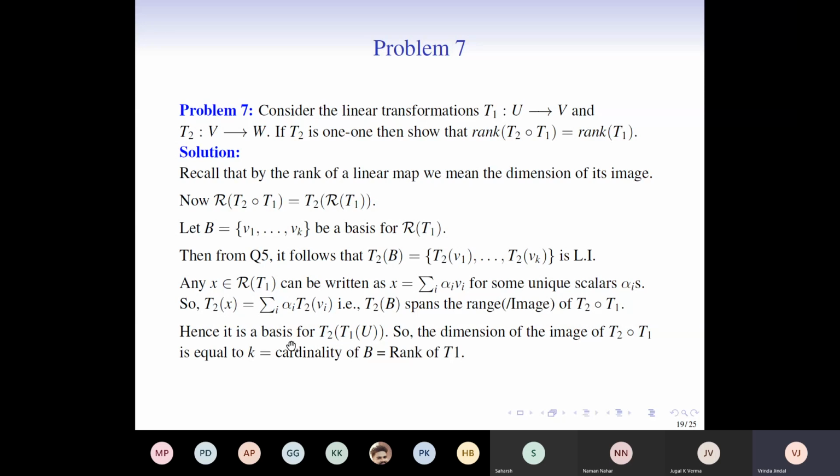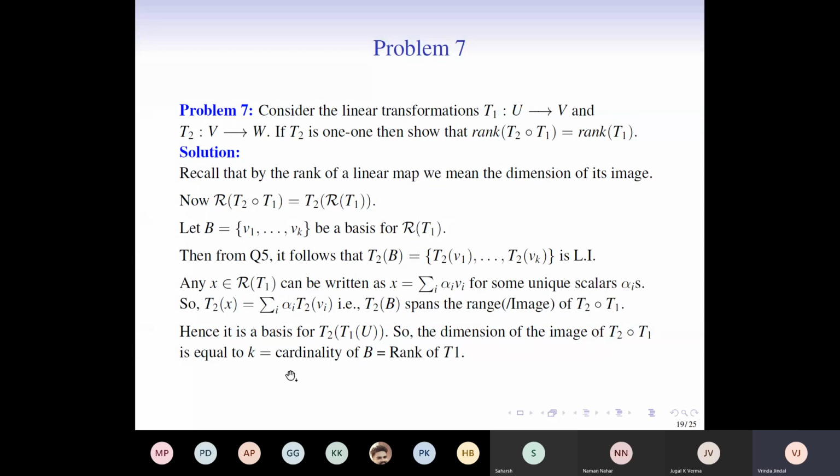So it means that it is a basis for the image of T2 T1, and the image could be written as a set in this form, taking the complete vector space U as input to T1. So the dimension of image of T2 T1 is equal to the dimension of T2 of B, which is equal to the number of elements in T2 of B, which is equal to the number of elements in B. And the number of elements in B simply means the dimension of the range of T1, because by definition B is the basis of range of T1.